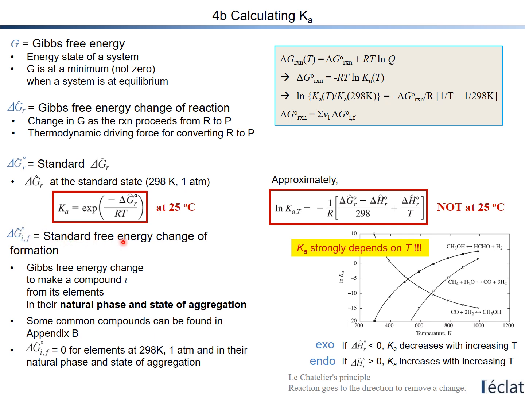Here, the standard free energy change of formation. Let me say just the formation energy. Formation energy is the Gibbs free energy change to make a compound from each element in their natural phase and state of aggregation. For example, let me talk about the formation energy of CO2.